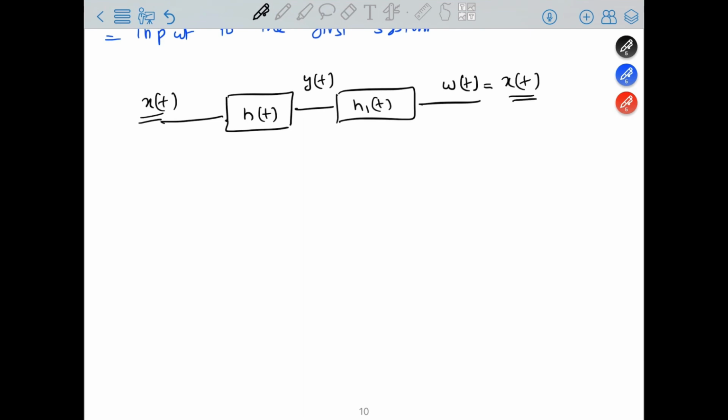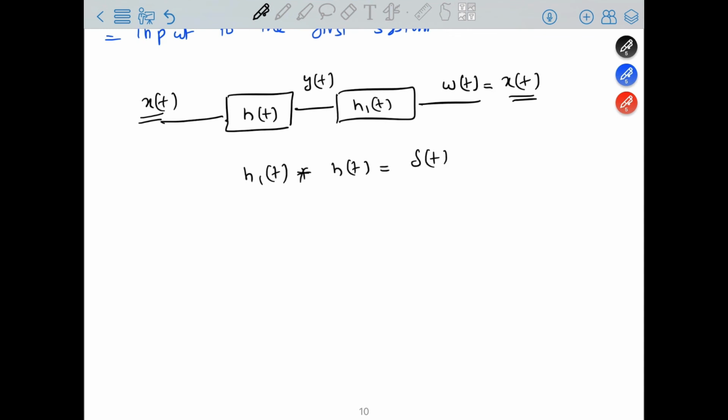So how will this be possible? If the convolution of h1(t), that is the inverse, and your original system h(t) is equal to δ(t), then only it is possible.